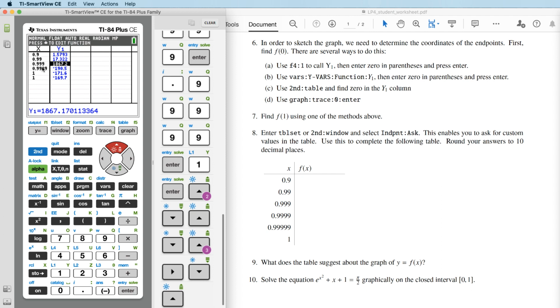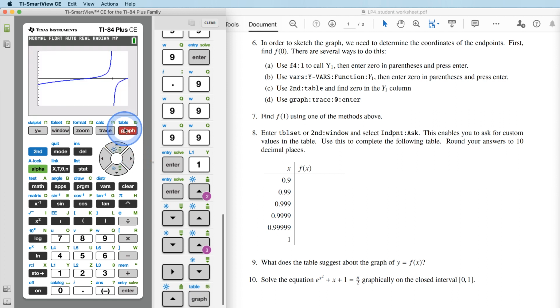So that's how I would respond to question number 9. What does the table suggest about the graph of y equals f of x? It suggests that we do have a vertical asymptote somewhere between x equals 0.999 and 0.9999. Now, just looking at the graph, I don't think anyone would come up with that answer, right? It looks like there's a vertical asymptote at x equals 1, and that's what I would expect most people to say.